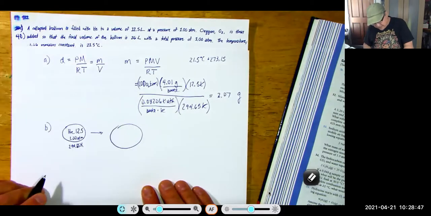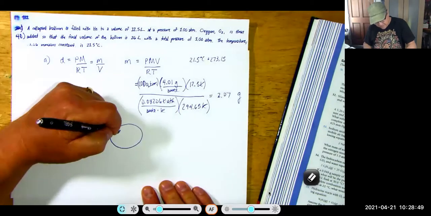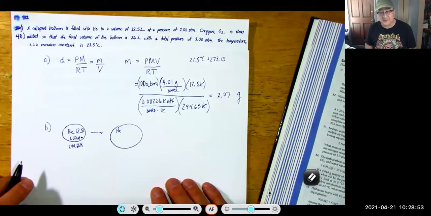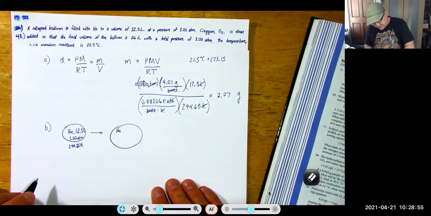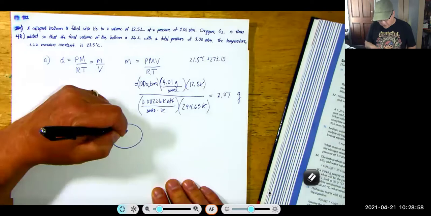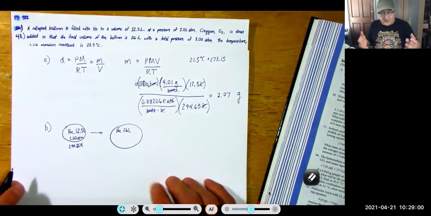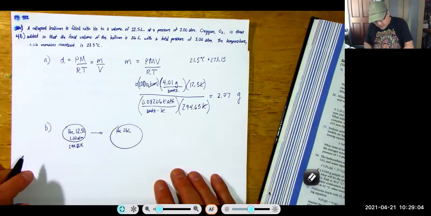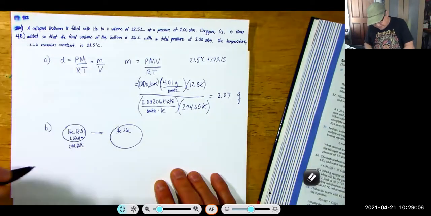We've got helium, but how many liters of helium do we have here? 26, because the volume of helium is the volume of the balloon. What is the pressure of helium?